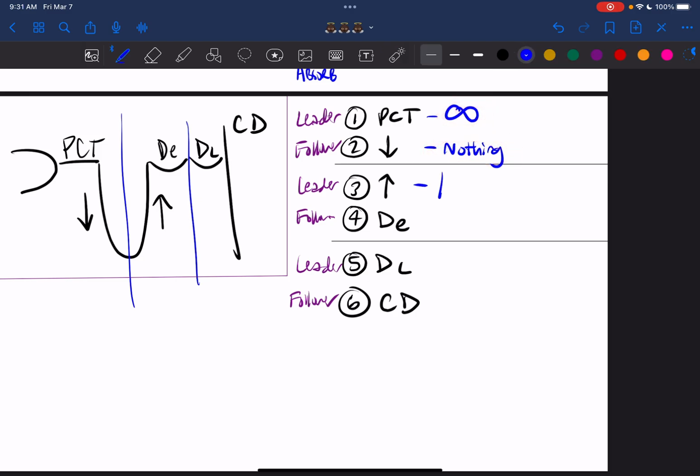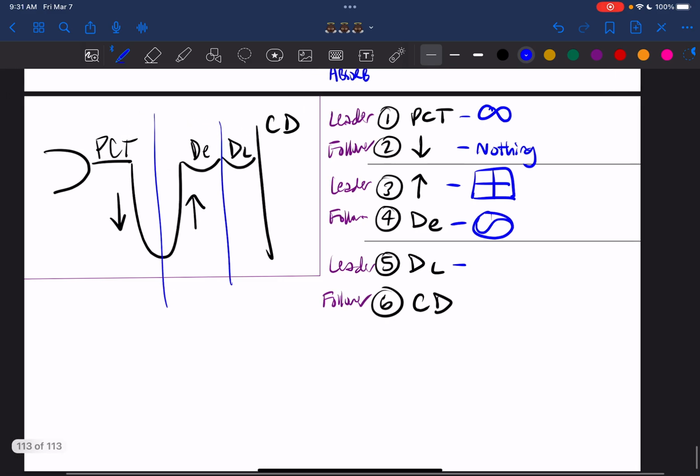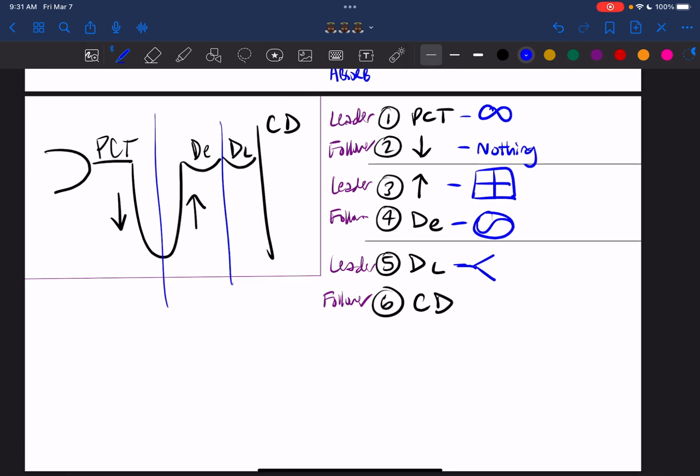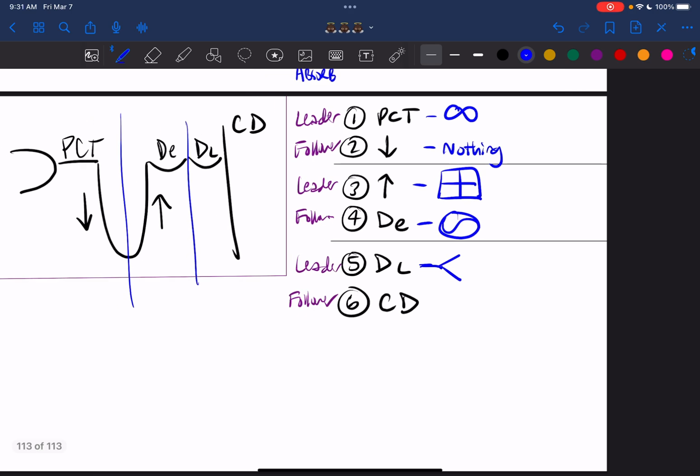Second pair, it's 4 things versus just 2 things. So the leader's doing more. 4 is more than 2. And then in the last pair, it's 2 different things versus just water, which is basically nothing. So I use the water symbol when it's only moving just water.